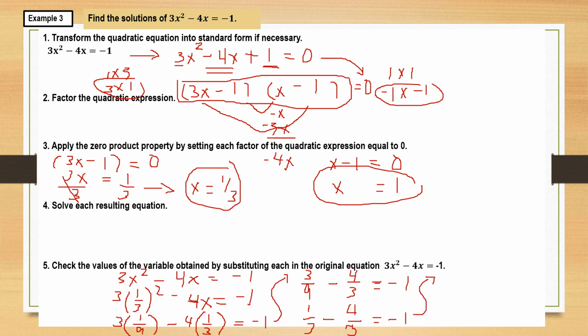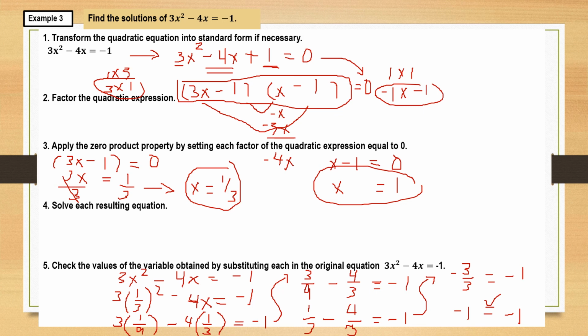So that is 1/3 minus 4/3 is negative 3/3 is equal to negative 1. Negative 3 all over 3 is equal to negative 1. Negative 1 is equal to negative 1. So 1/3 satisfies the given quadratic equation. Therefore, it is a real solution of the quadratic equation.